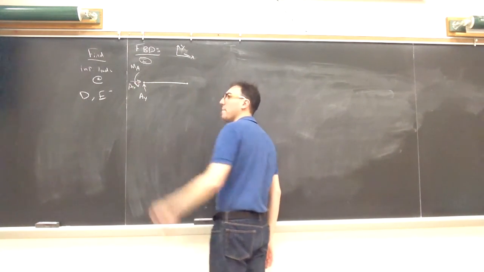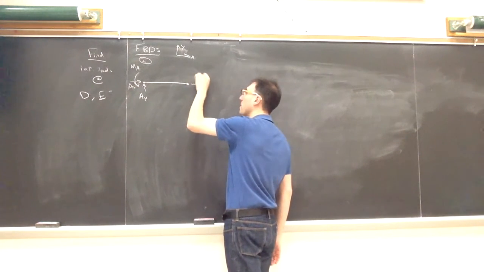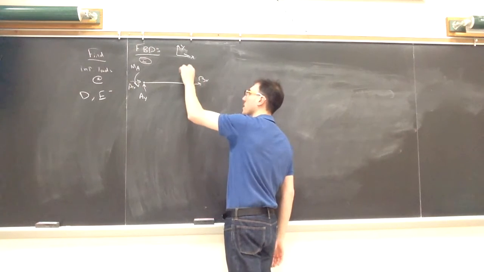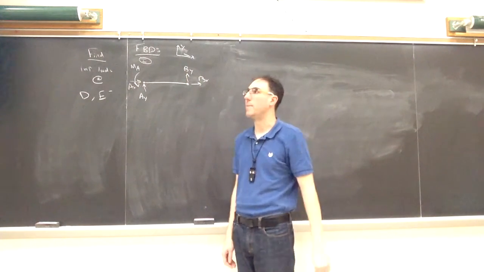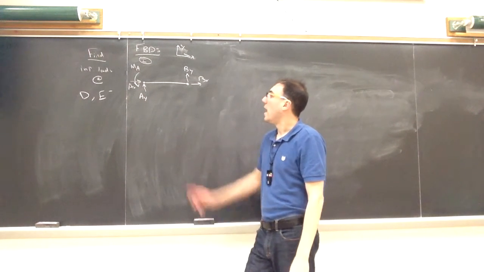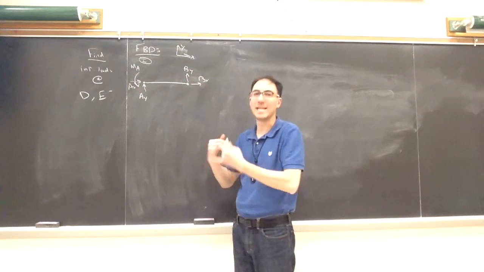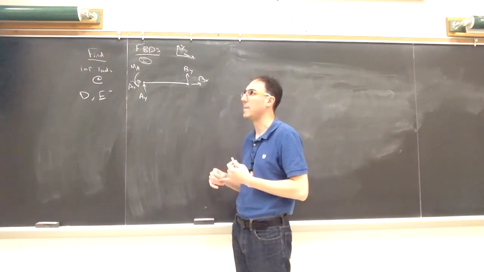At B, I have that pin connection where it's being pinned to another member. And like we saw before with frames and machines, I can arbitrarily assign directions to the pin reaction at B.